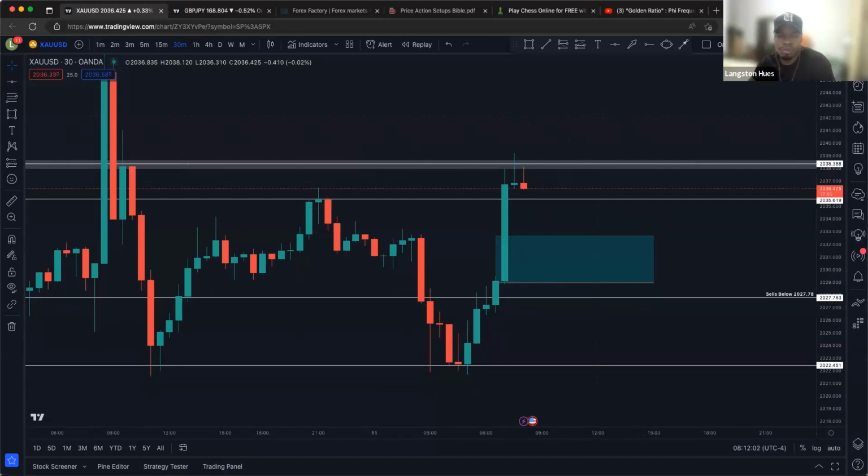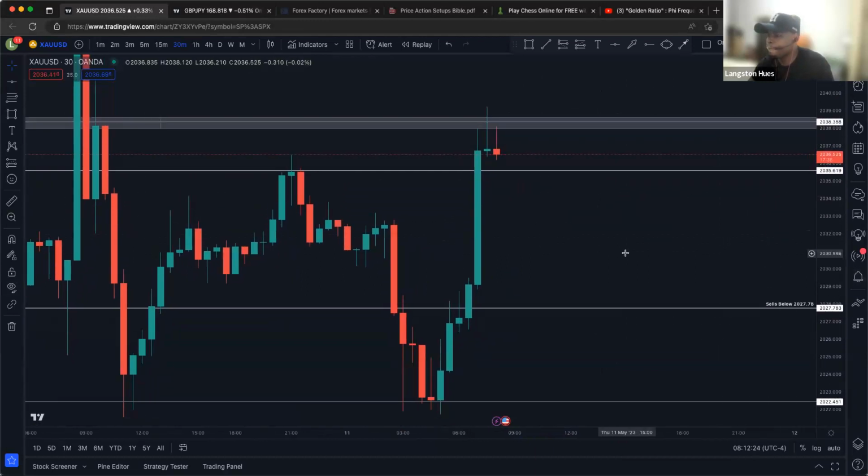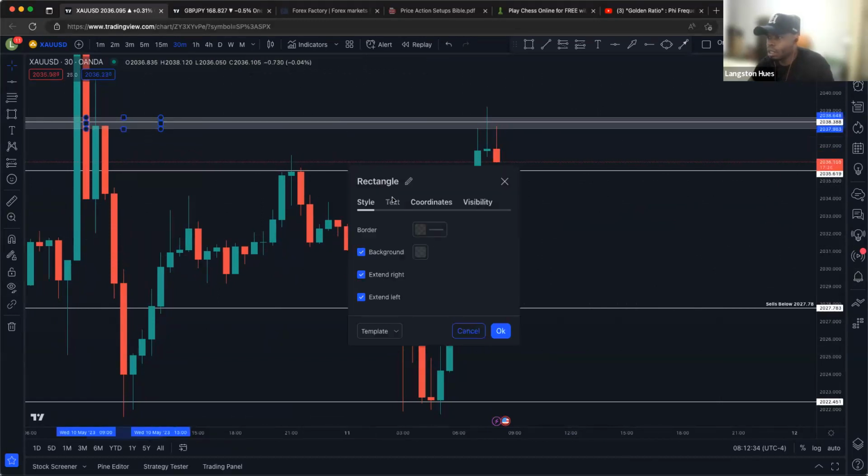Gold formed this weak bullish closure right here. If it closes back into this range right here at the bottom, we could potentially have sells to fill the range.